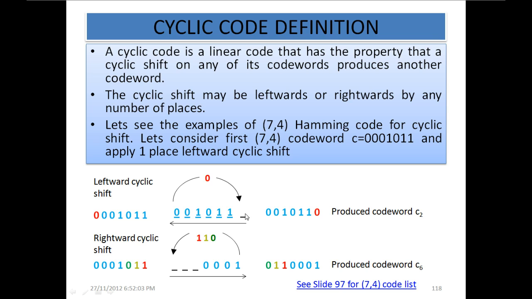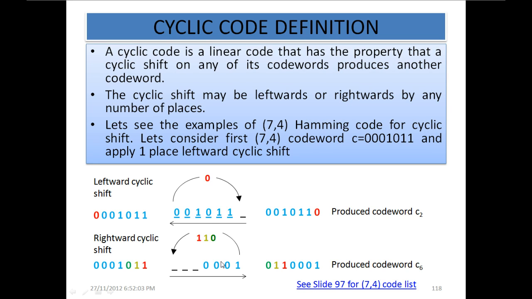So this place is empty, and we move this 0 here at this place. After this cyclic shift, which is called a leftwards cyclic shift, if we go through the set of code words of the 7,4 code, we find that this is another valid code word, which is C2.